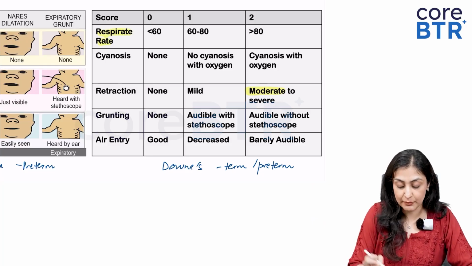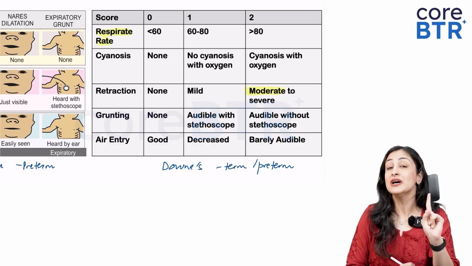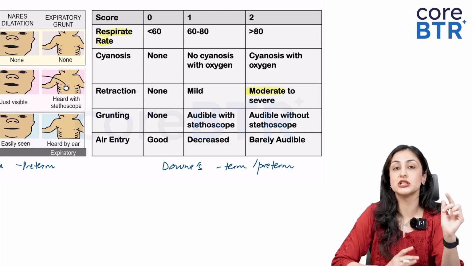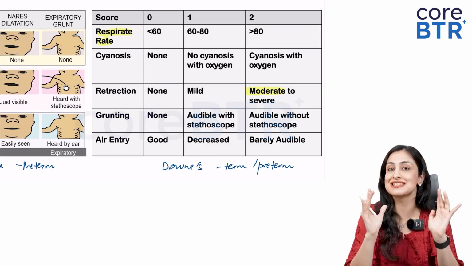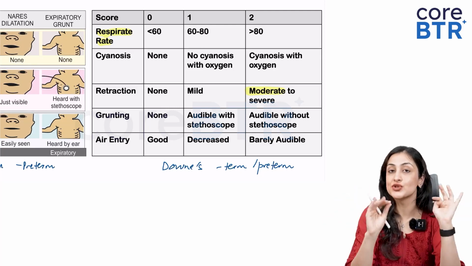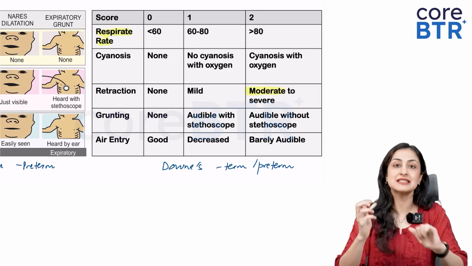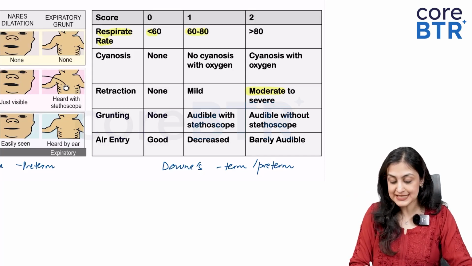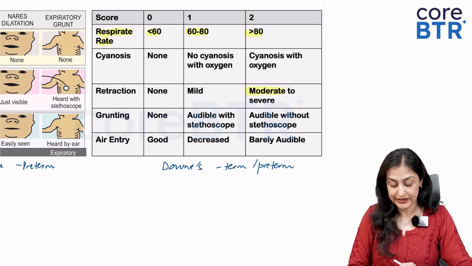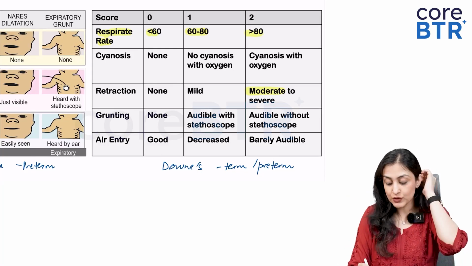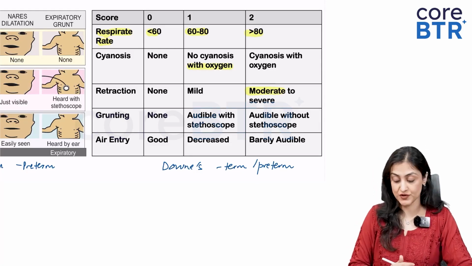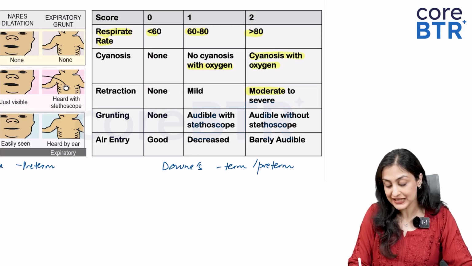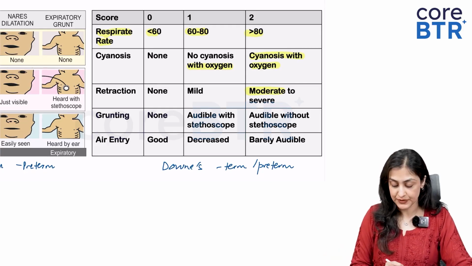What is here is a number, respiratory rate. Remember in anesthesia we have done this, that the normal respiratory rate during CPR is 40 to 60 for a neonate. So you can remember less than 60 is normal. So less than 60, 60 to 80, more than 80. Cyanosis: no cyanosis, cyanosis relieved with oxygen, and cyanosis with oxygen, basically despite giving oxygen, cyanosis is persistent.